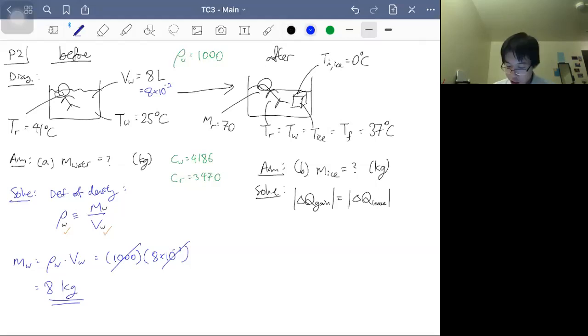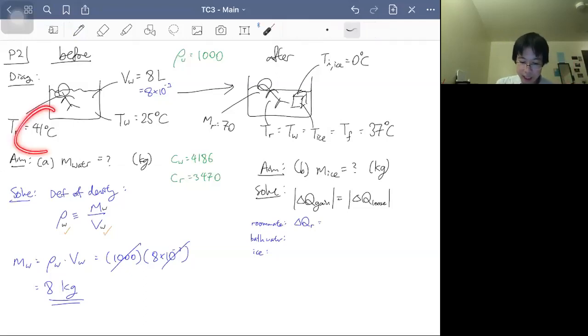Okay. So what's gaining heat in this scenario? How many things do we have? We have first the roommate. We have the bath water. And we have the ice. Let's analyze them one at a time. At first, the roommate is going to be warming up or cooling down. You look at the numbers over here, the roommate went from this to this, meaning the roommate is cooling down.